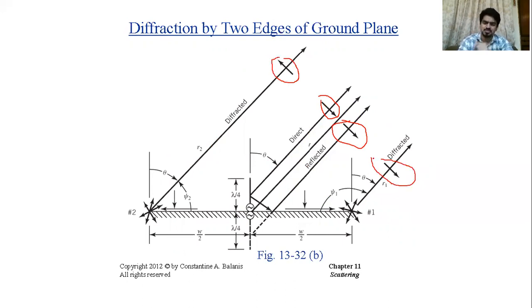As you can see, the diffracted fields from the opposite sides of your ground plane will be directed in opposite directions. Here it is directed in the same direction as the direct field. Here the diffracted fields from the left-hand side are directed in the opposite direction.